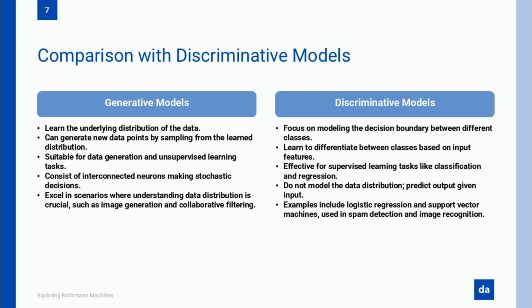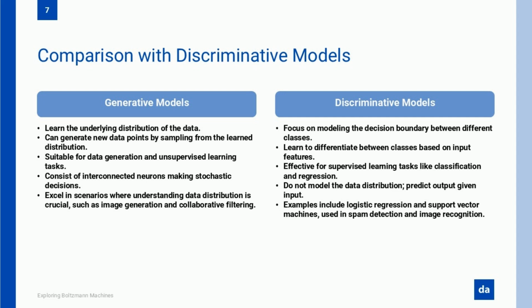This allows them to generate new data points, making them useful for applications like image generation, recommendation systems, and unsupervised feature learning. Discriminative models, on the other hand, focus purely on prediction and classification.